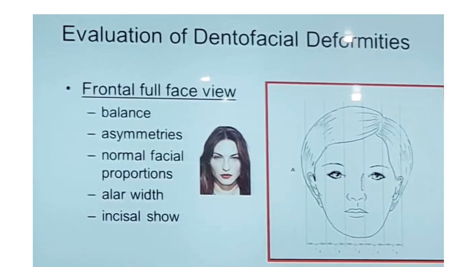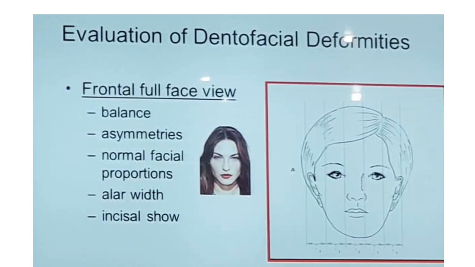And then the frontal face view is examined to check the balance and asymmetries, and there are also vertical lines to determine the proportions of the face that should be equal.